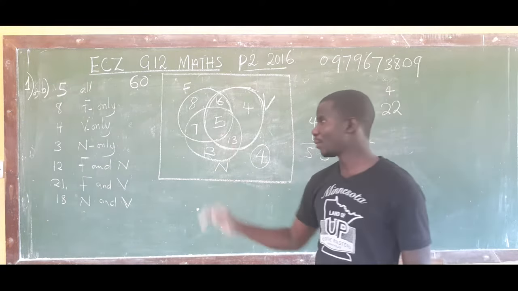So we say B squared plus C squared, then minus A squared, over 2BC. This is the formula that we are going to use.